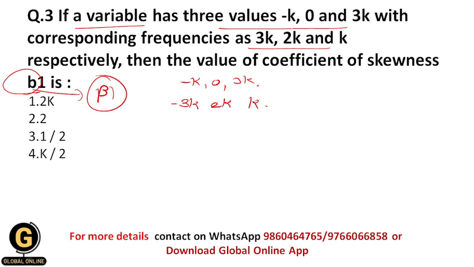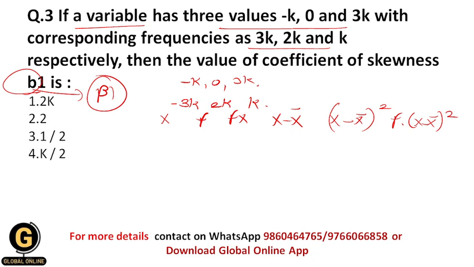So first of all, x is your particular value of a data set, then f its frequency, then fx would be multiplication of f with x, then x minus x bar means data set value minus its mean. So x bar means the mean of the whole data set. Then again x minus x bar bracket square, then f into x minus x bar bracket square.